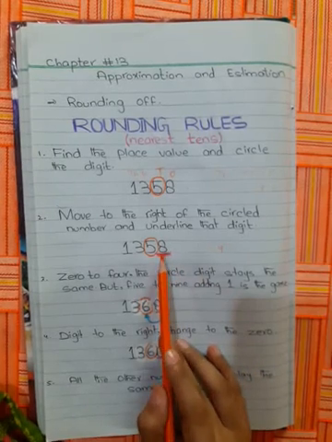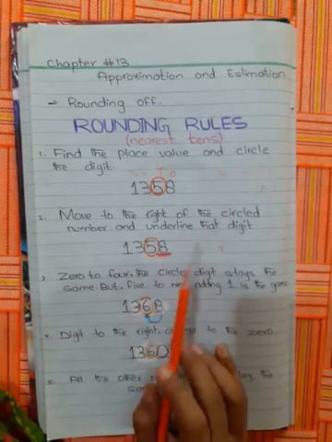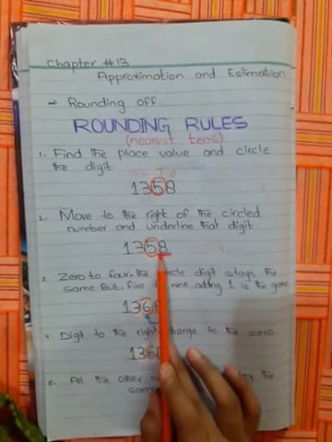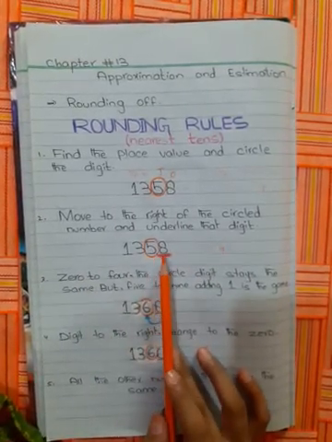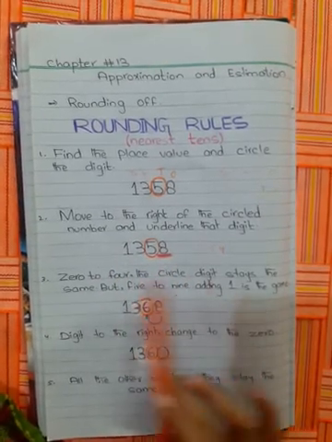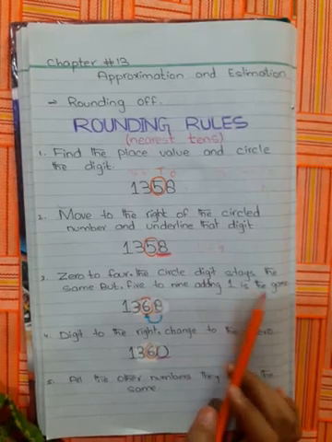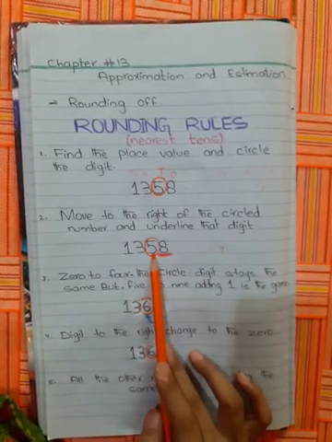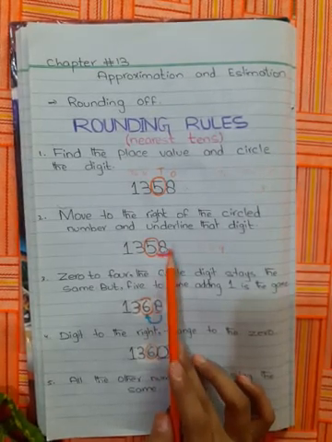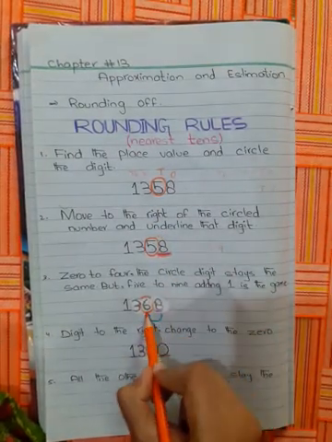But if that digit is less than 5, like 0 to 4, the number stays the same and that number becomes 0. As I told you, 0 to 4, the circled digit stays the same, but 5 to 9, adding 1 is the game, so we add 1 to the circled digit. Right now we have 8 and 8 is greater than 5, so we add 1 to this number. So 5 plus 1 equals 6, right?